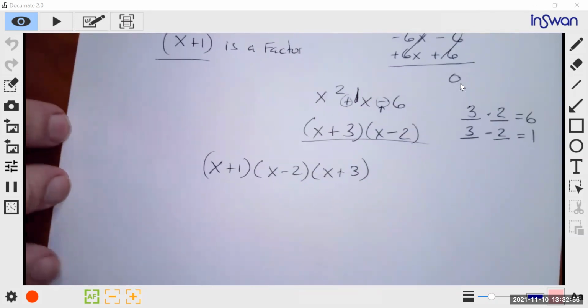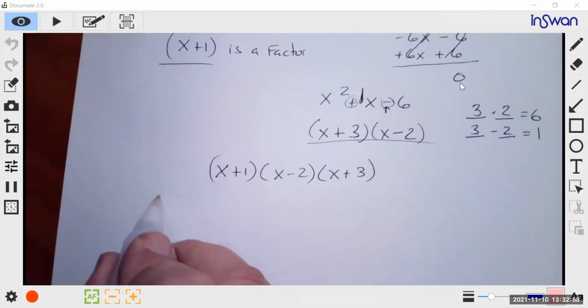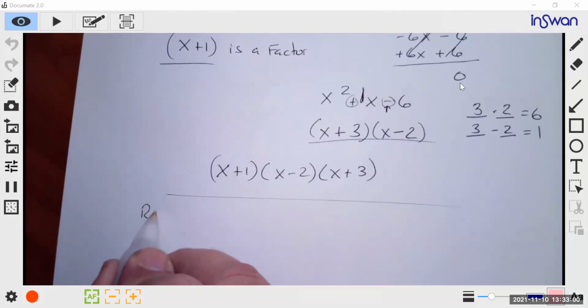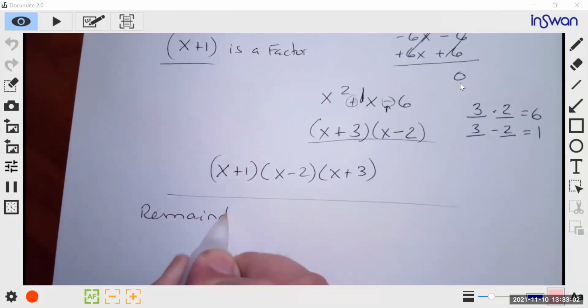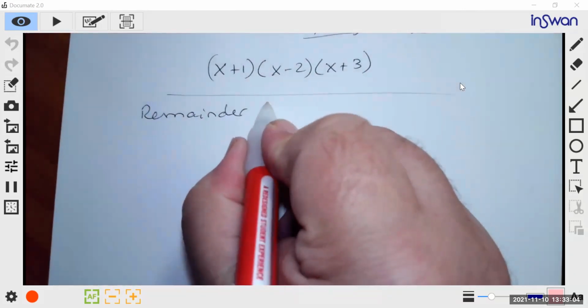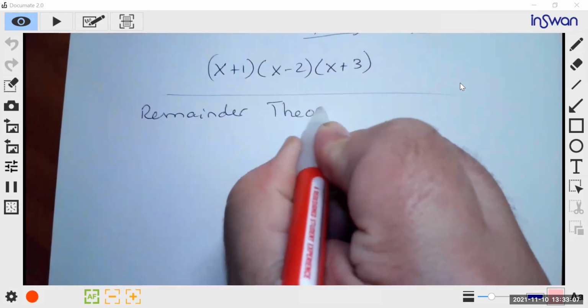So what we've talked about so far deals with the remainder theorem.